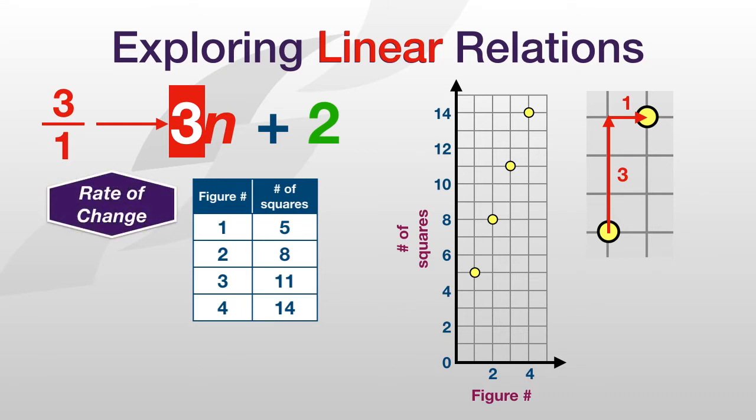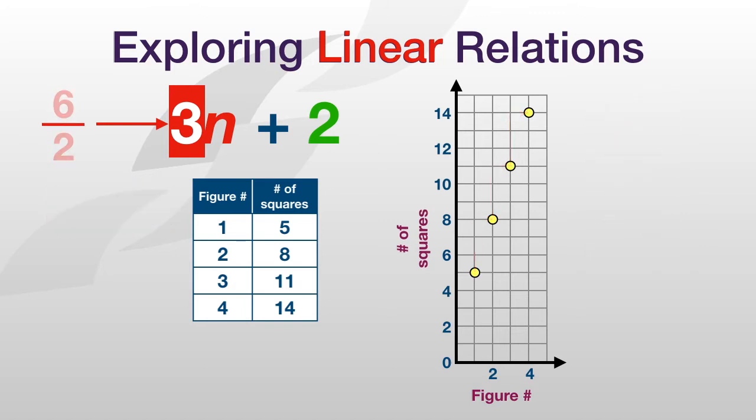We see this consistent rate of change as we move from one point to the next. Note that the rate of change applies between any 2 points. For example, 6 divided by 2 also equals 3, and we can see this rate between these points. Or -6 over -2.